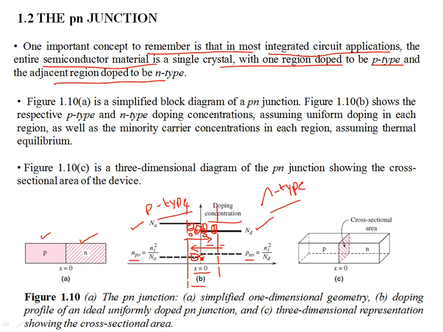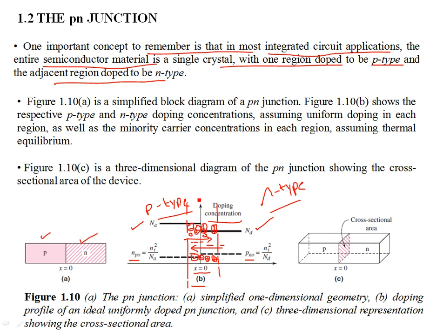So what we're going to have is negative and positive ions on either side of P-type and N-type. On N-type we are going to have positively charged donor impurity atoms, and on the P-type we are going to have negatively charged acceptor atoms. And due to these ions which are fixed in the lattice, they are not going to conduct any current.